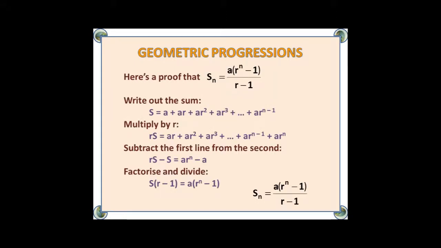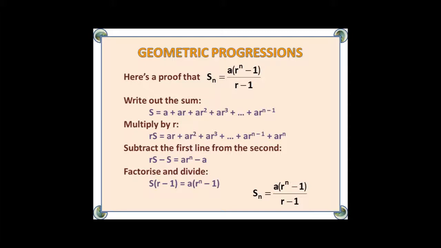Here is a proof that Sn equals A times (R to the n minus 1) divided by (R minus 1). Firstly, we write out the sum. So S equals A plus AR plus AR squared all the way up to AR to the n minus 1, the nth term. Then we multiply by R, so we get RS equals AR plus AR squared all the way up to a final term of AR to the n.